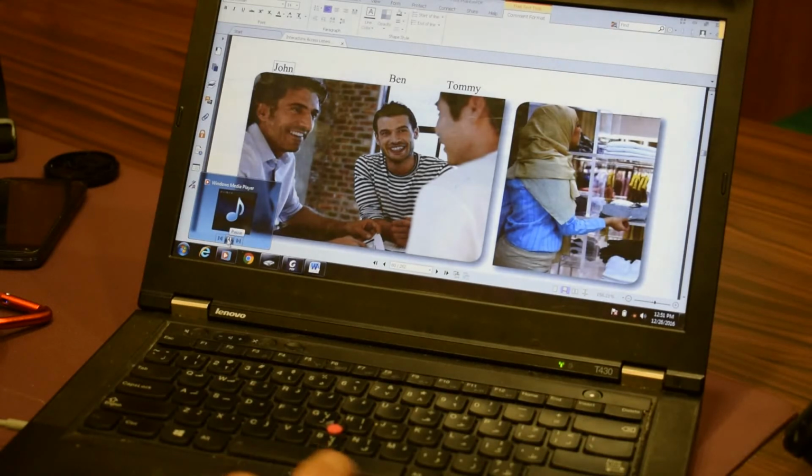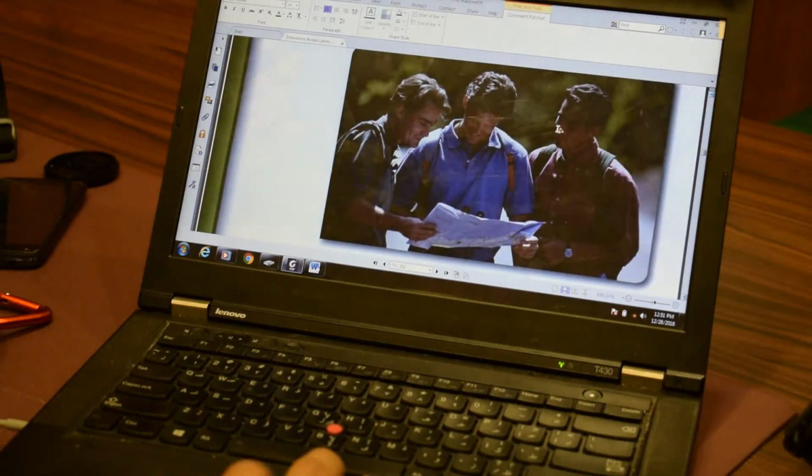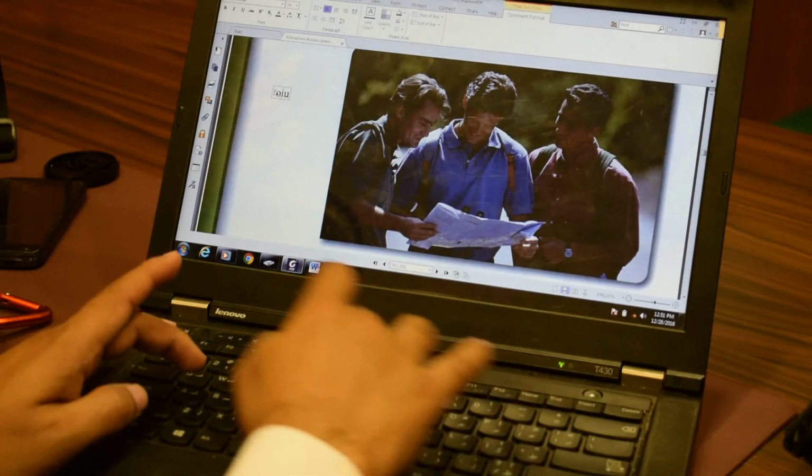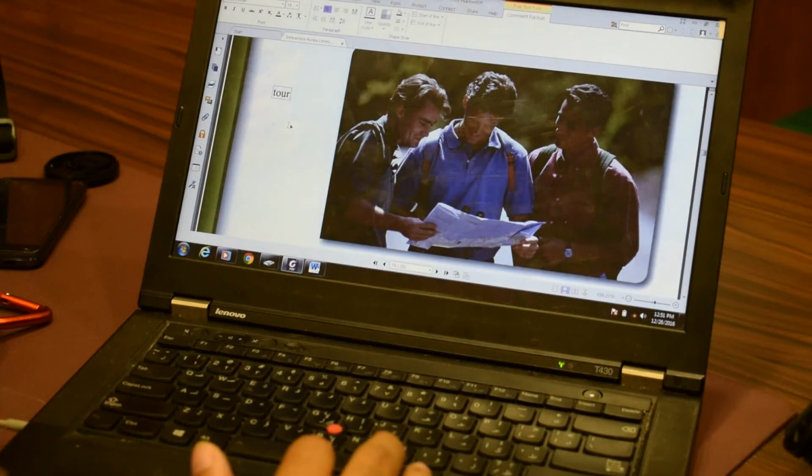Conversation 3. Excuse me, can you answer a question for us? Certainly, if I can. How do we get to the museum from here? Go straight down this road and turn right at the post office. Thank you so much. So these two, who are they? They are tourists. T-O-U-R, tour. You know what a tour is?